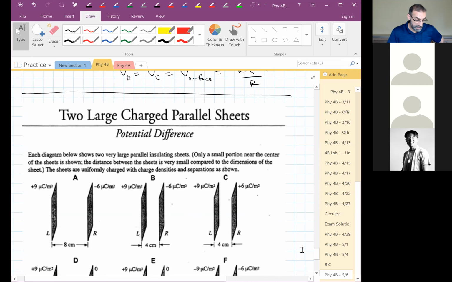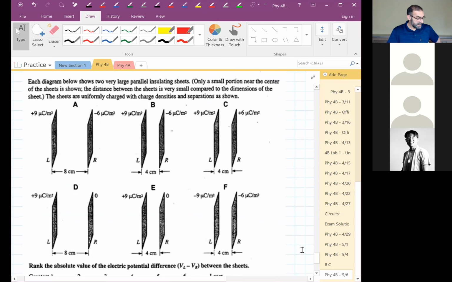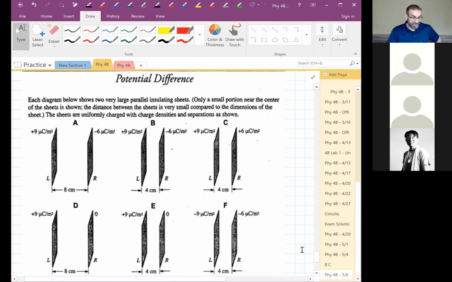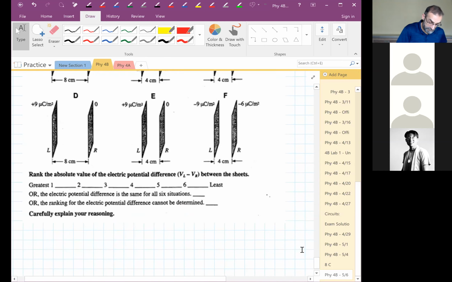It says to rank the potential difference. Okay, so we're going to find the potential difference in case A. We'll just do one of them.